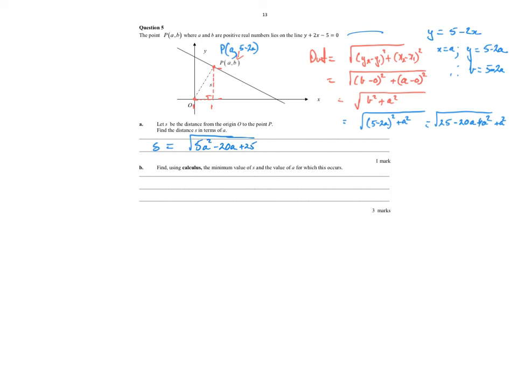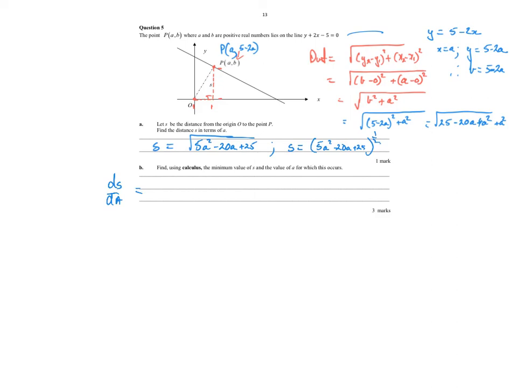Using calculus, the minimum value. The minimum occurs where ds/da is zero. Don't forget that s is equal to (5a squared minus 20a plus 25) to the power of a half.